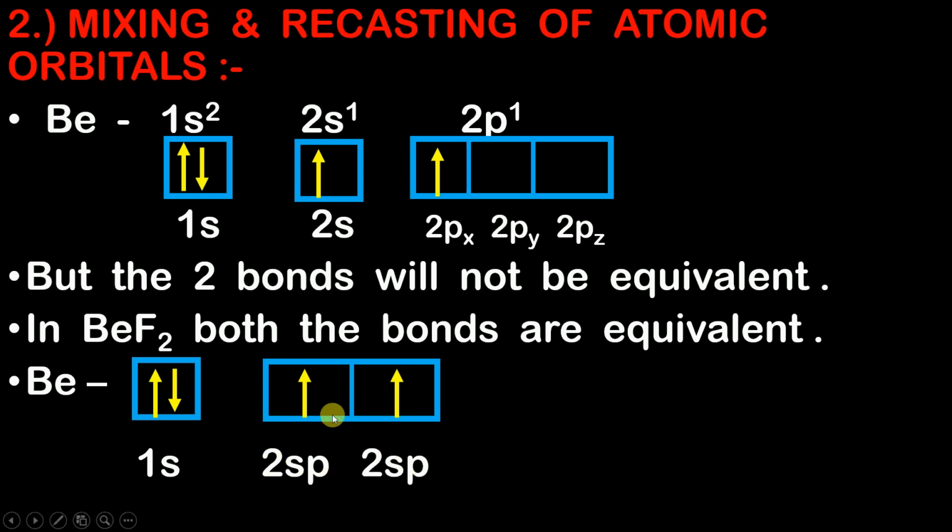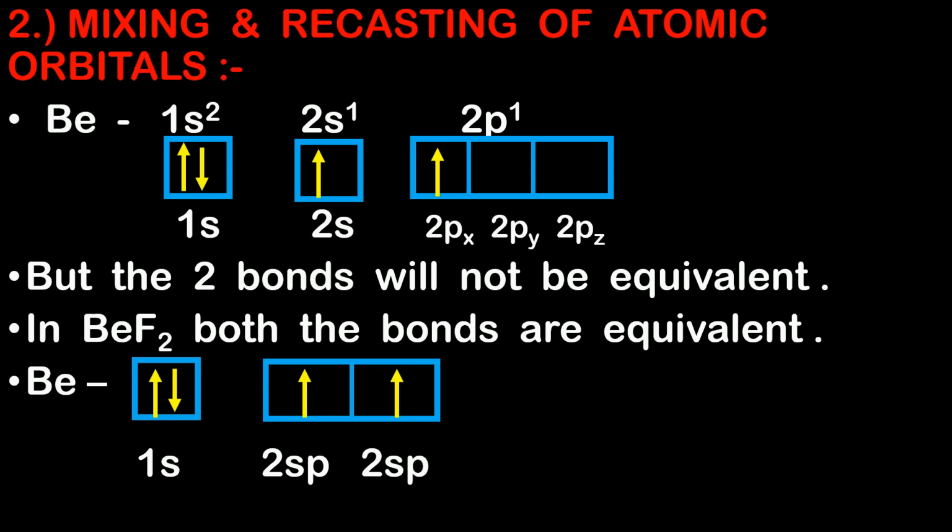We get these 2 orbitals, and these two 2sp orbitals that we have got are called hybridized orbitals.